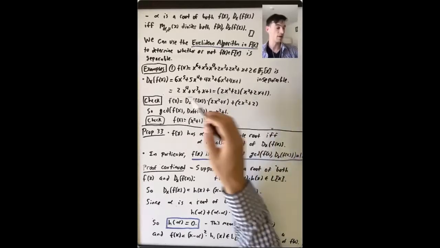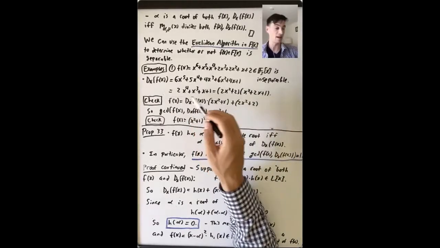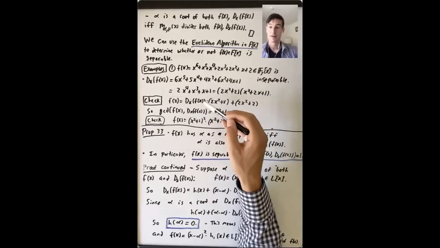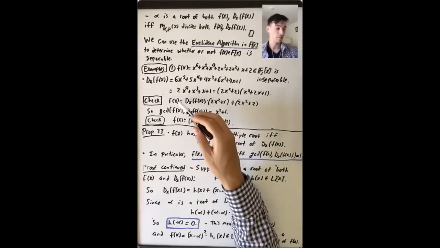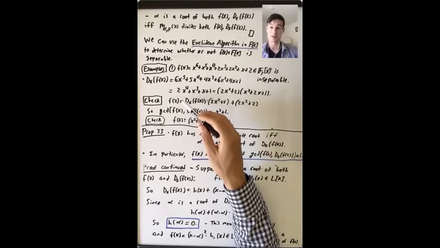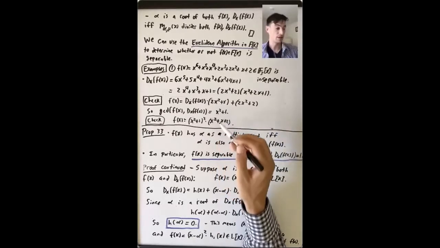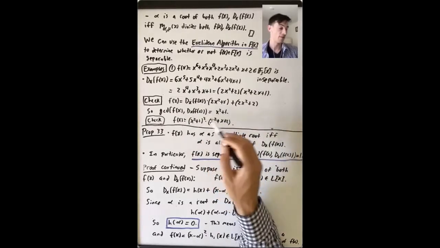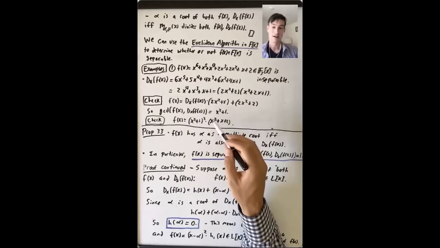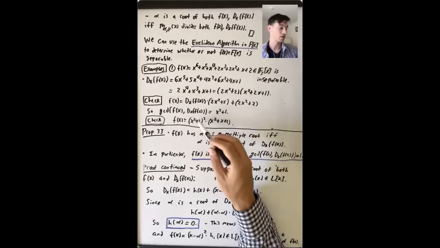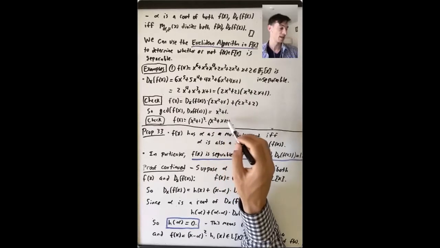But at this point, you can already see that the GCD of f of x and its derivative is not 1. So in a splitting field, f of x does have a multiple root. You can check that this is true. You can see that if you factor f of x over F3[x], then you get (x squared plus 1) squared times (x squared plus x plus 2).